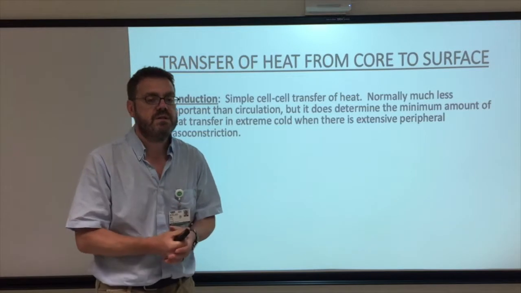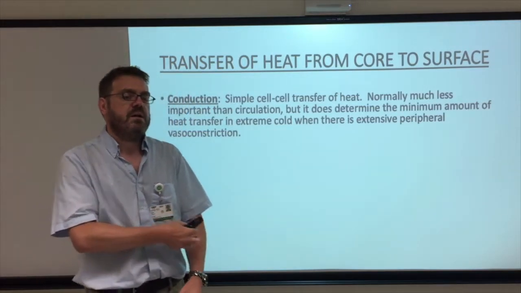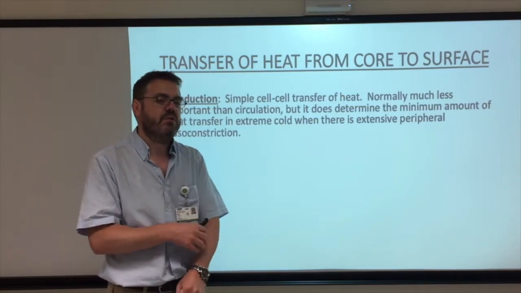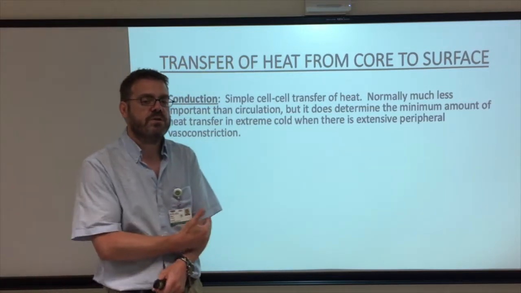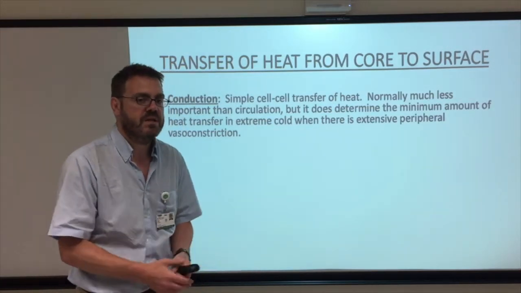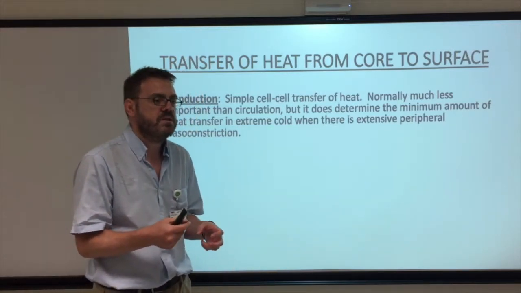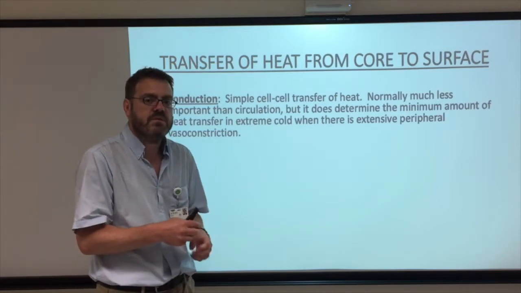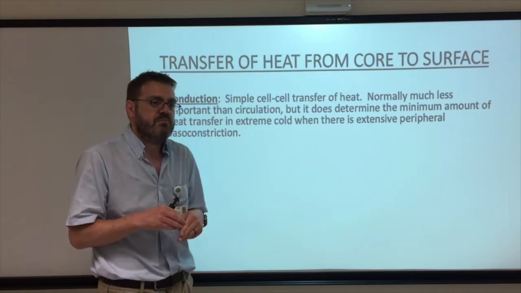What this means is if you pull all the blood out of the shell and you have very little blood flow through it, that's about as low as the thermal conductivity of your body will get. And so when it's really cold and you want to conserve heat, all that blood comes away from your fingers and toes. You can feel it when you're really cold.